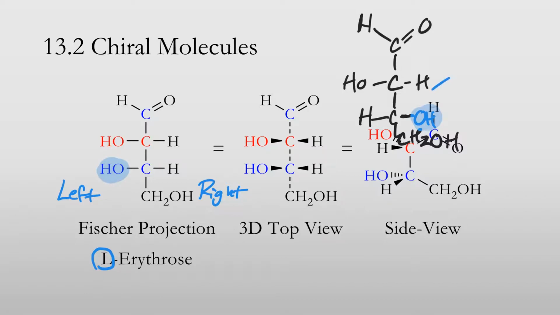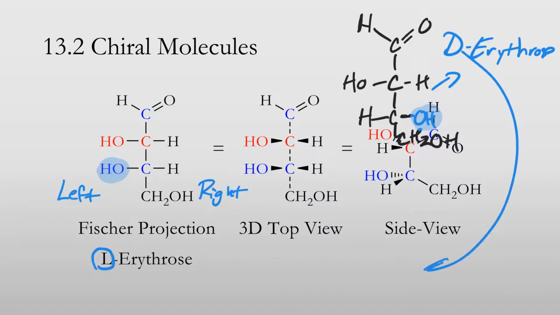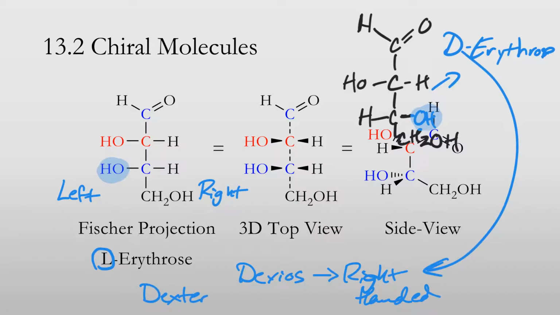In that case, this would be D-erythrose, not R. And D just comes from the word, or really the Greek word dexios, which means right-handed or skillful. Our modern word dexterity comes from that as well. All right. So D for dexterous for right-handed.